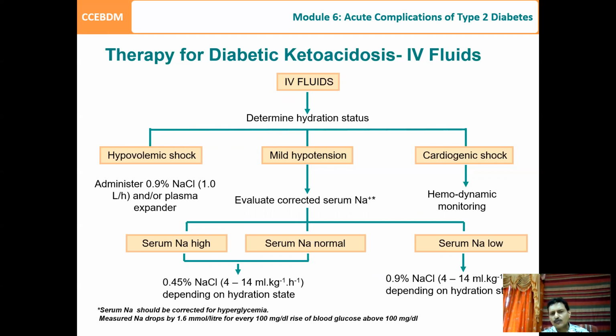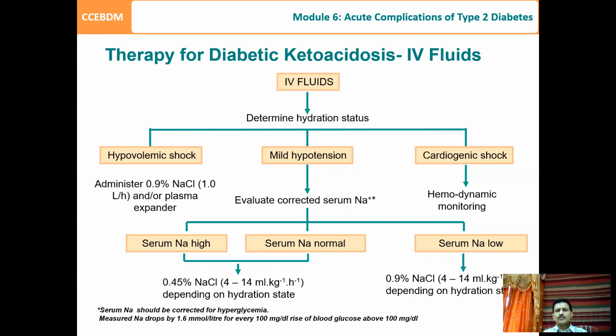I have seen that when the patient reaches a normal level of glucose, say a blood sugar level of 150 or 100, people stop the insulin infusion. And once you stop the insulin infusion, the patient will again develop diabetic ketoacidosis. Don't do it. Continue the insulin infusion and continue the glucose drip.